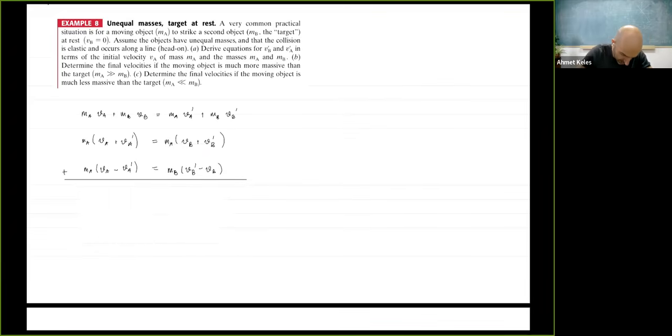These two things will cancel, this one will cancel with this one. I'm going to have 2 MA VA is equal to, what do I have on the other side?